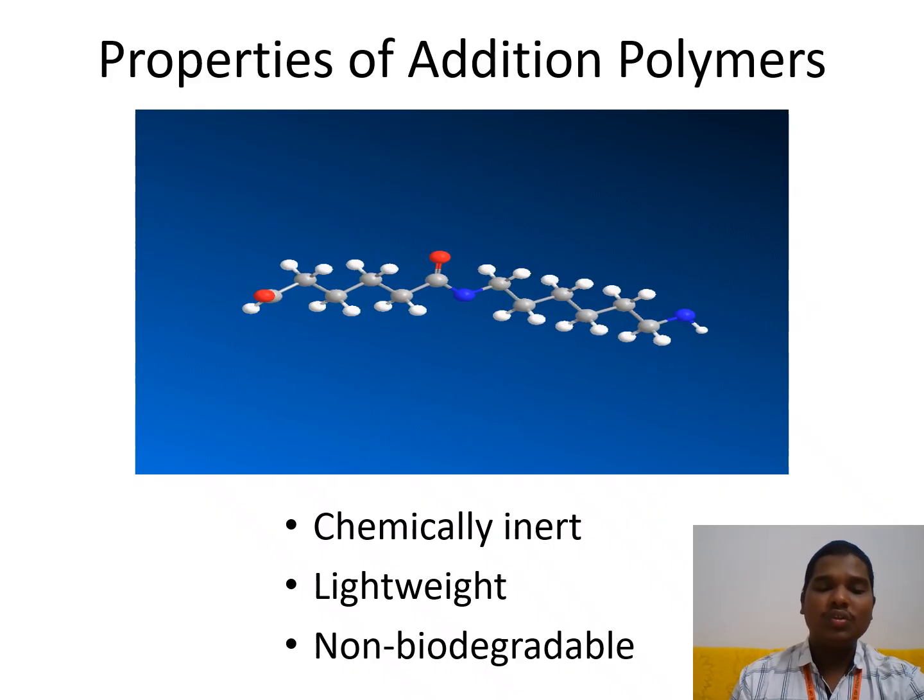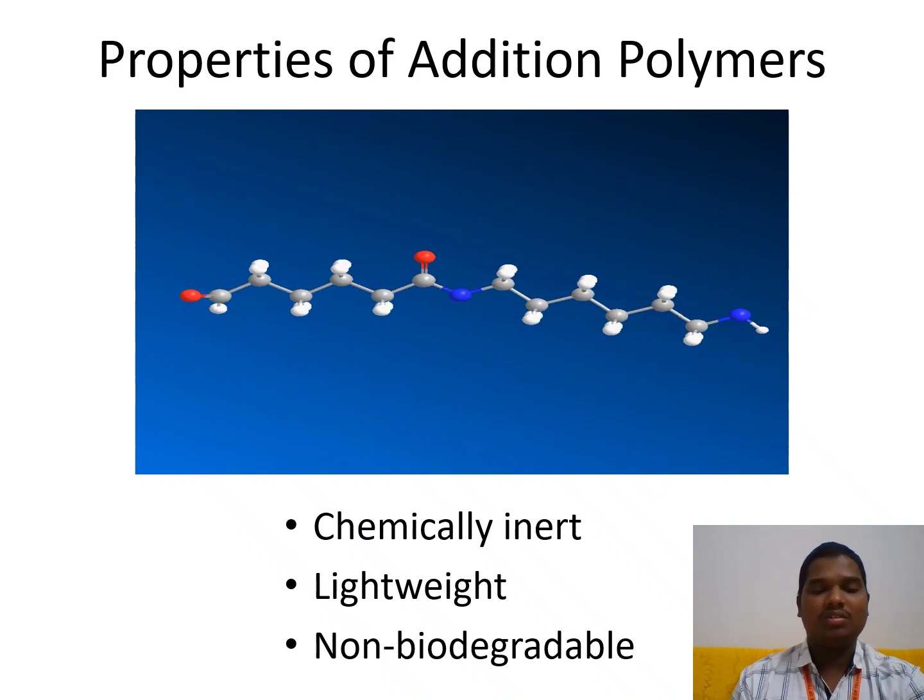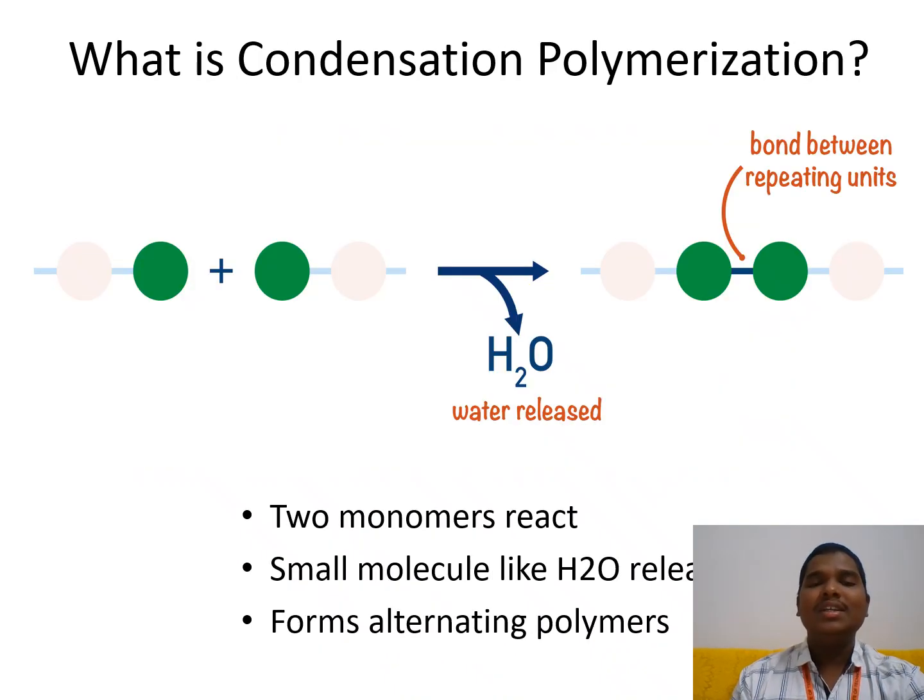Next, we'll go through condensation polymerization. Now, in this topic, we need to ask the question: what is condensation polymerization? Condensation polymerization is a chemical reaction in which monomers join together by eliminating small molecules such as water, HCl, or alcohol.